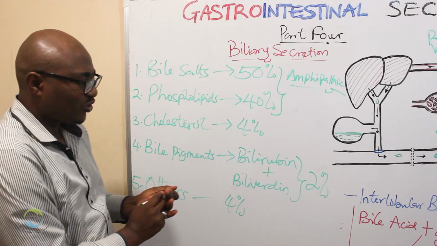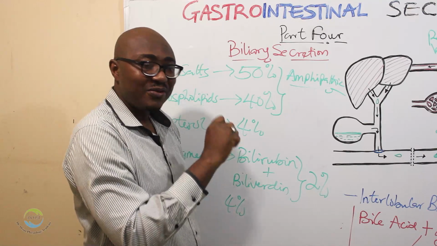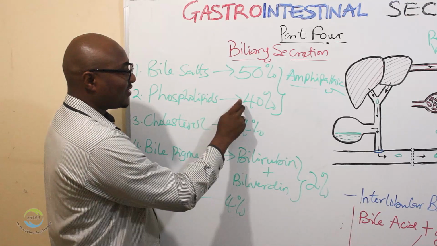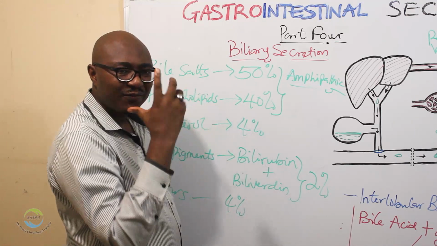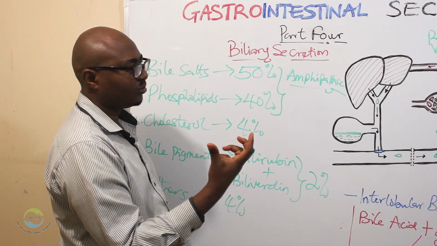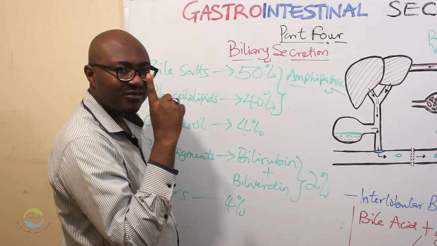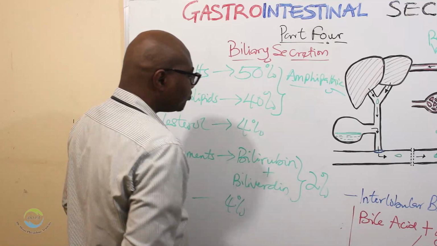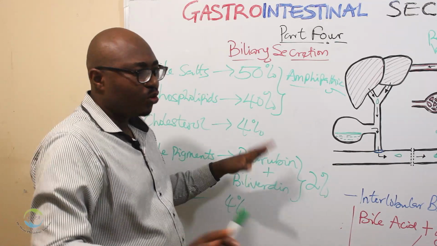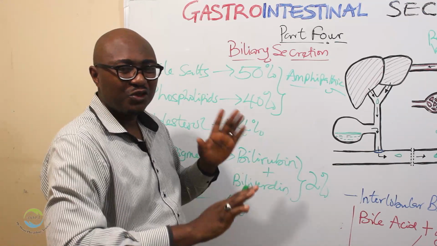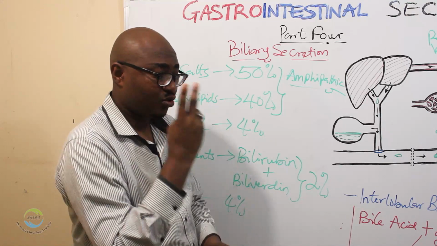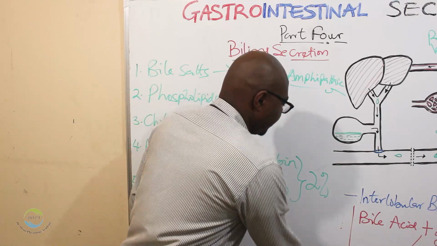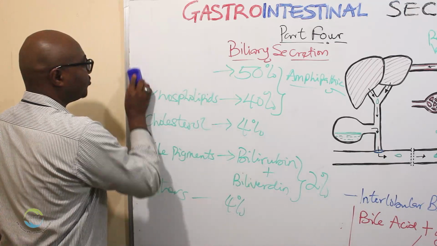Now we've talked about constituents. So the important thing now is to talk about the functions, especially as it relates to these two. The functions of what? Bile or bile acid. Now, if there's any function you should not forget, there are two of them that you should never forget. If you forget it, it's unforgivable.